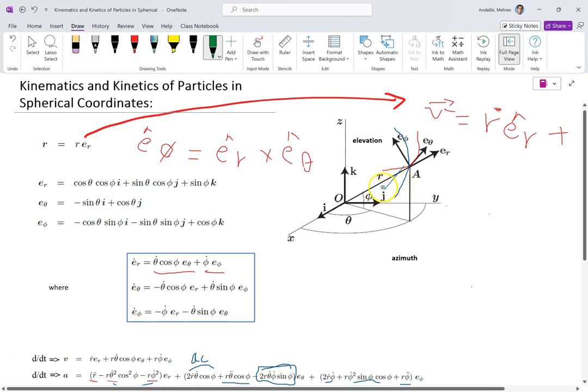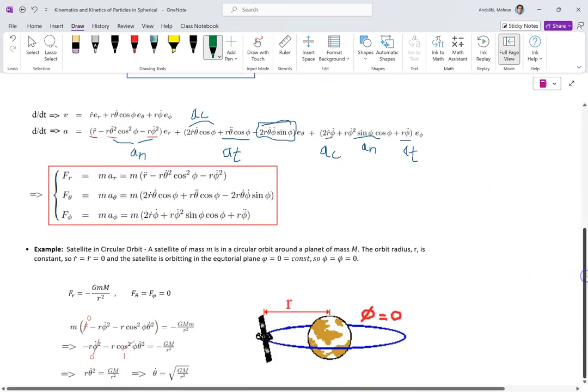So you do something like this. And this is an interesting term that does appear. And if this is V and that is A, then once you have acceleration, you can use the Newton equation, sum F equal ma.